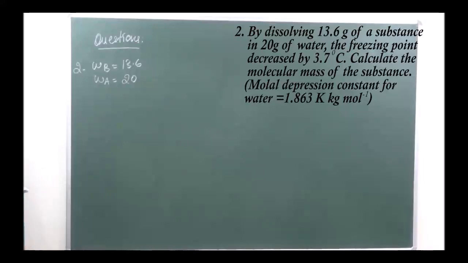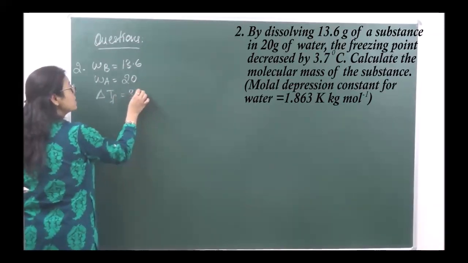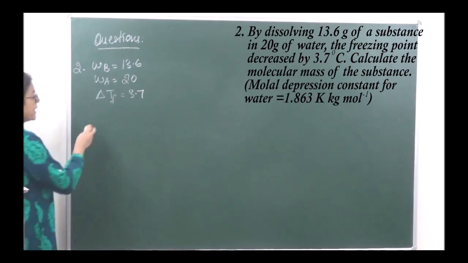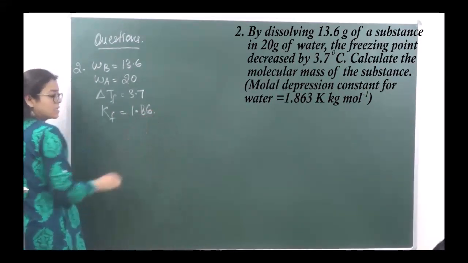Right? Then next, the freezing point is decreased by 3.7 degrees. So delta Tf becomes equal to 3.7. Right? Calculate the molecular mass of the substance when the molar depression constant Kf is given to us as 1.86.